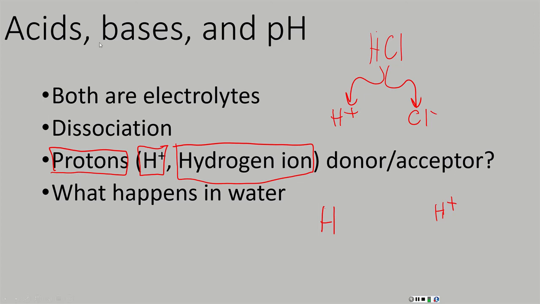So let's say the definition of an acid is something that dissociates or falls apart when we put it in water to produce a proton and something with a negative charge. Or it produces an H plus and something with a negative charge. Or we could say it produces a hydrogen ion and something with a negative charge, and that all means the same thing.